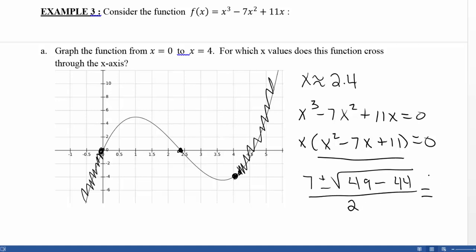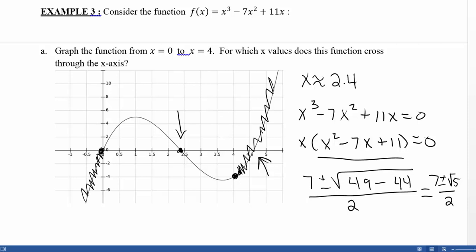So that gives me 7 plus or minus the square root of 5 divided by 2. So those two roots represent the point I want, and then this other point over near 5 that I'm not interested in because it's not in my interval. So taking the minus square root is going to give me the point I want.